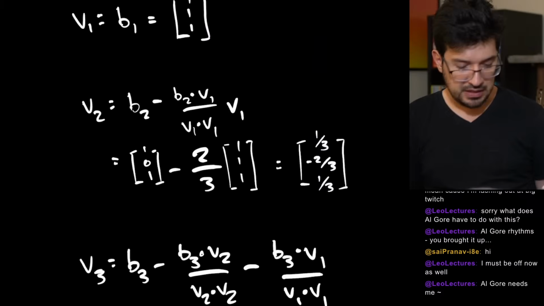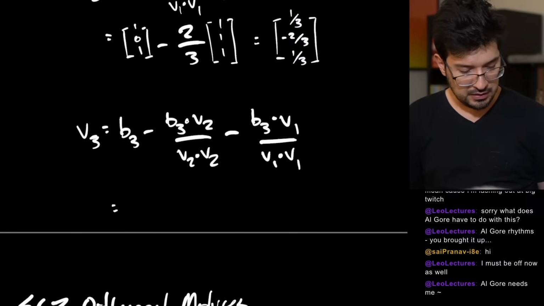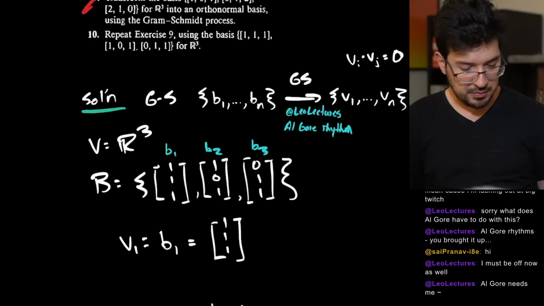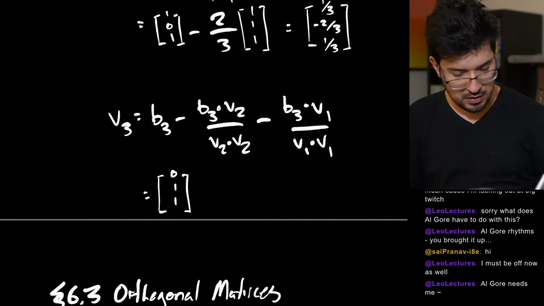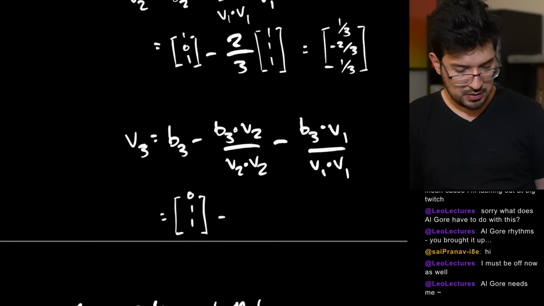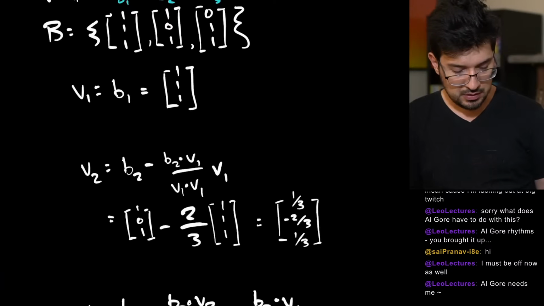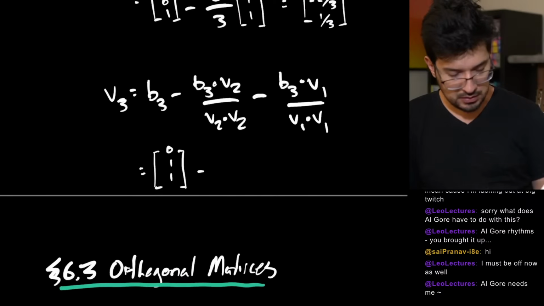So that is V2. Now V3 is the third basis vector 0, 1, 1 minus 0, 1, 1 dot V2. So 0, 1, 1 dot V2 is 0 minus 2/3 plus 1/3, which is negative 1/3.